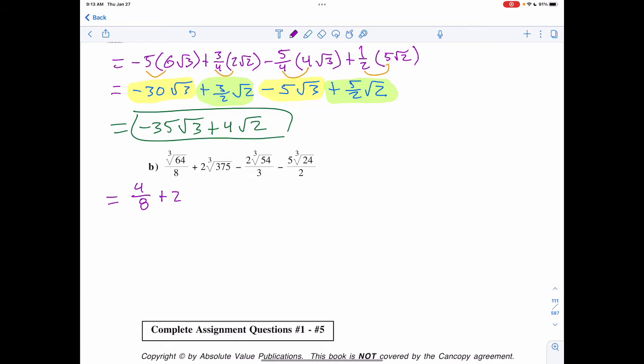Plus 2. The cube root of 375 is the same as 5 and the cube root of 3. Minus 2, and the cube root of 54 is 3.